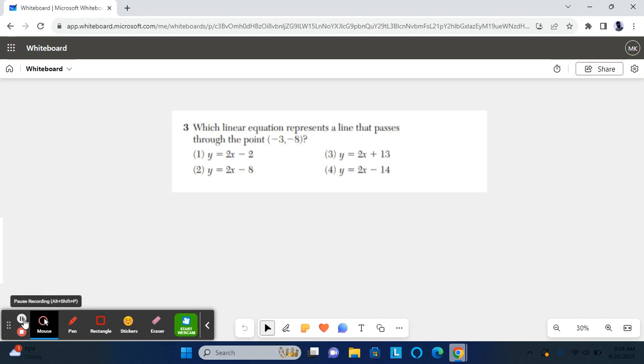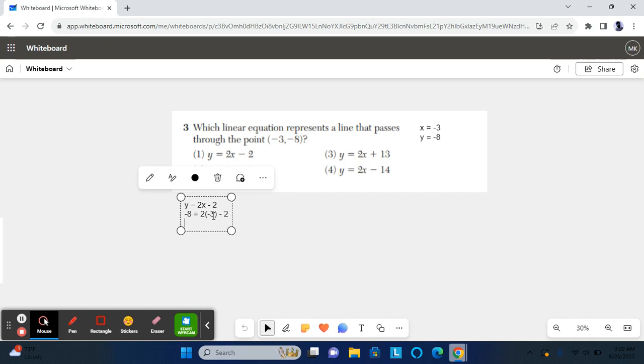For option 1, we have y equals 2x minus 2, and we replace the values. So negative 8 equals 2 times negative 3, minus 2, and let's see if that's correct.